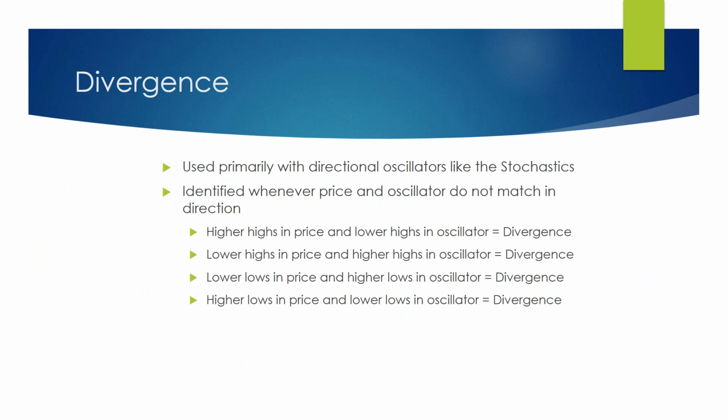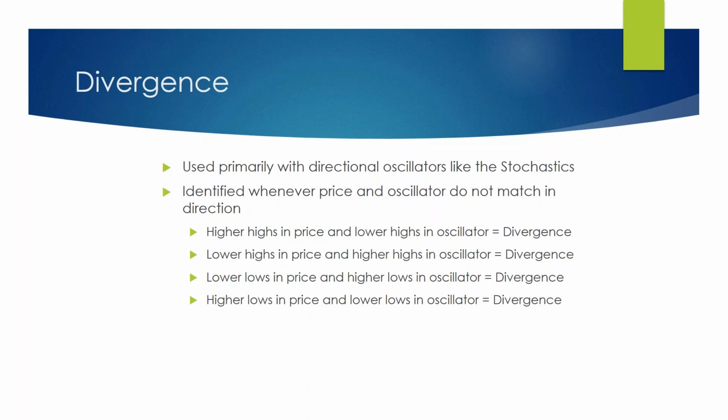Now, divergence is simply when price and the oscillator, which in this case is the stochastics, are going in opposite directions. With a directional indicator, whatever you see price doing, the oscillator should match it. If it doesn't, then you will have divergence. That means if you are seeing higher highs in price but lower highs in the oscillator, you have divergence.